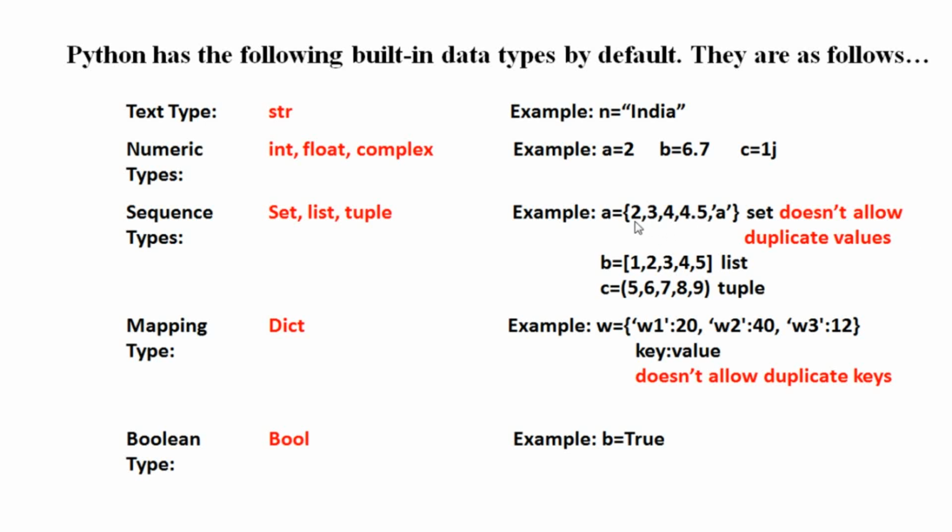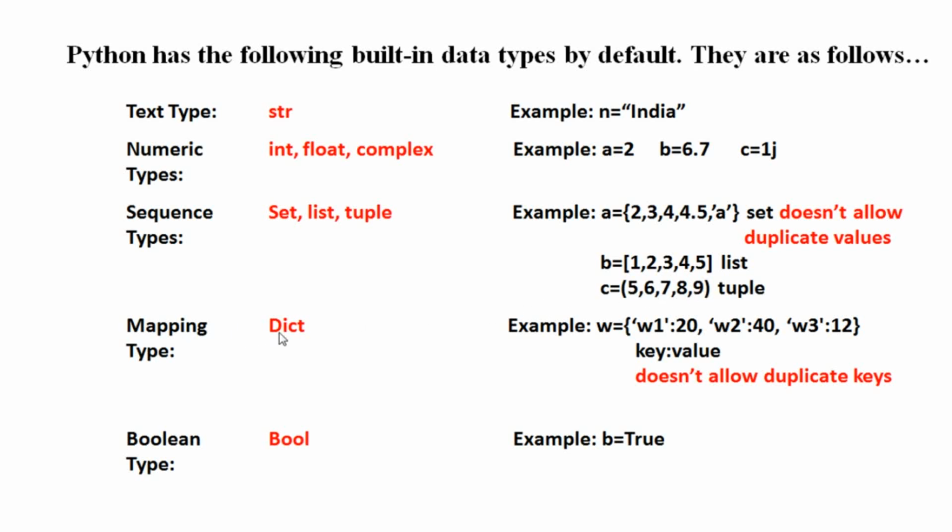Okay. If I write 2, 3, 4, 4.5, A, 2, then the last 2 will be ignored. And if it is a list, it should be in a pair of square brackets and the data should be separated by a comma. And if it is a tuple, then it should be in round bracket, that is parenthesis, and the data should be separated by a comma.